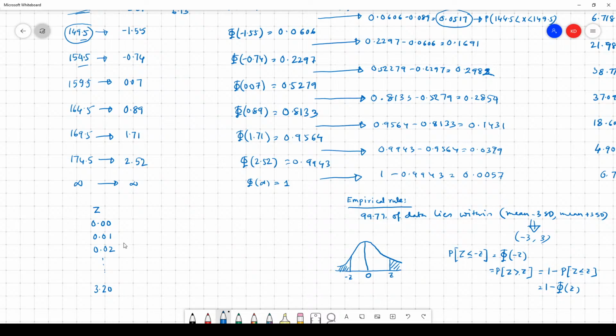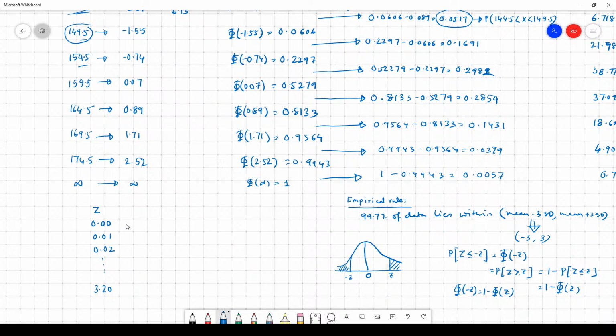So if you know the positive portion, you can automatically calculate the negative values of phi z using this formula. For negative z, you can easily compute phi z.